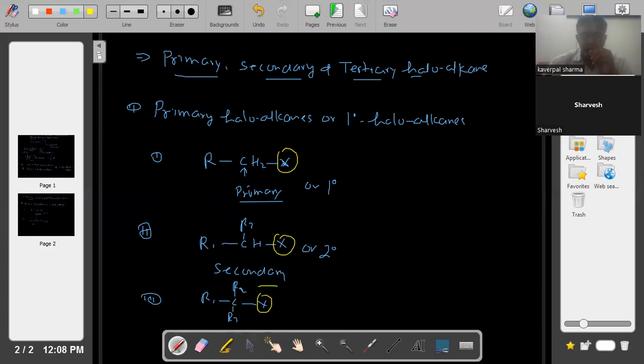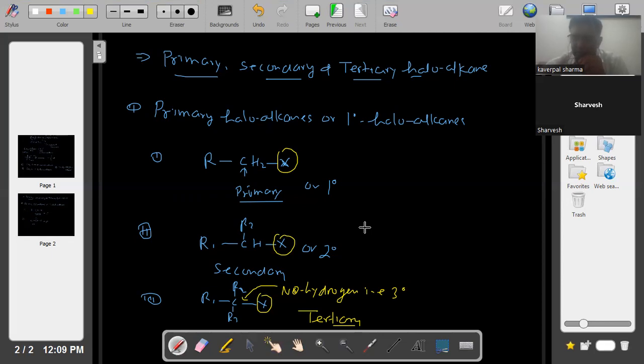If the carbon bears no hydrogen, that is 3 degree or tertiary. All these things are applicable only in case of saturated compounds. If a double bond or triple bond comes, the name will be different, and in such case we can't say primary, secondary, or tertiary.